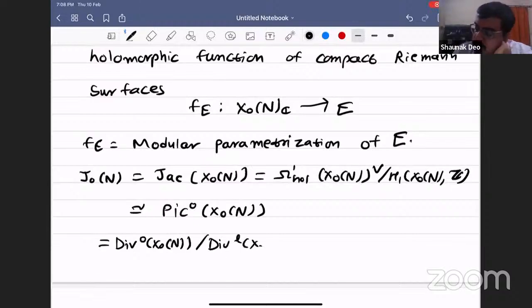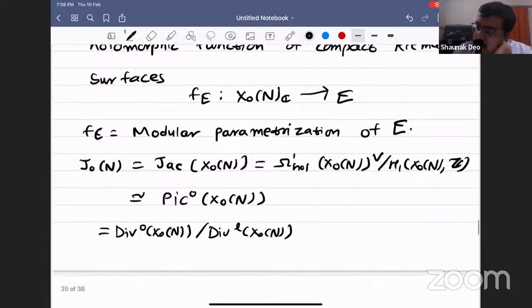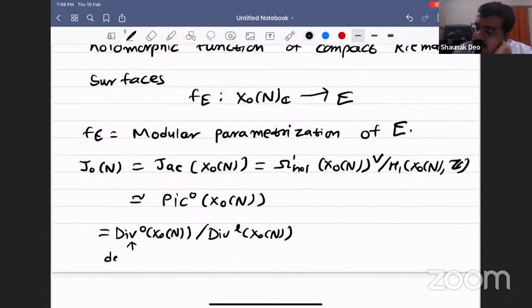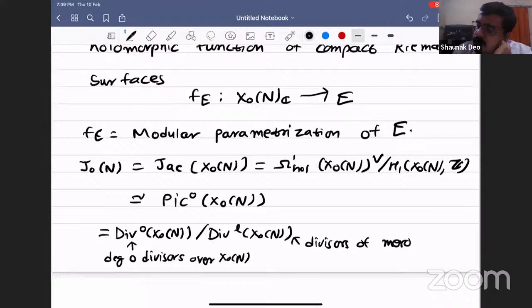So let me just write it down. These are degree 0 divisors over X_0. These are divisors of meromorphic functions. So this is isomorphic to Pic^0.